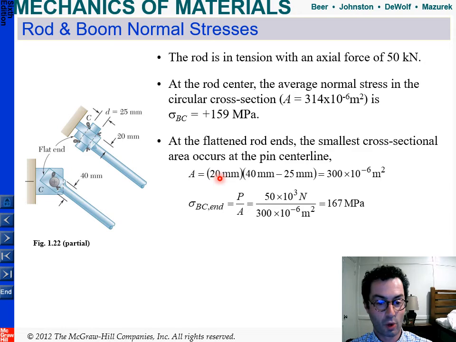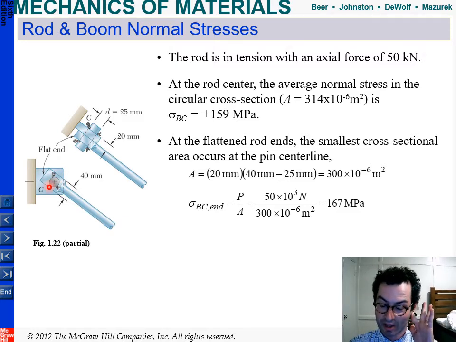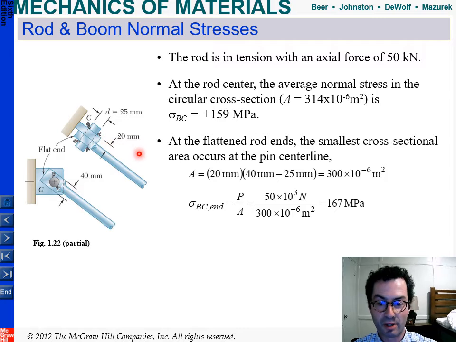Area of 20 millimeters times 40 millimeters minus 25 millimeters. The 20 comes from the thickness, and I should say that's the area of this clevis, the single clevis that's coming out of the wall. 40 millimeters minus 25 millimeters, that's the total thickness of the end piece less the center bit, that's the size of the hole.